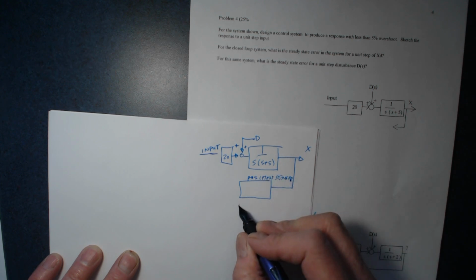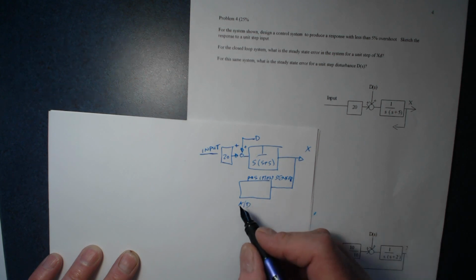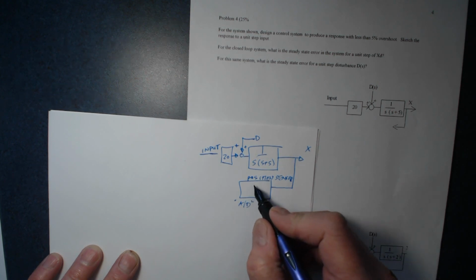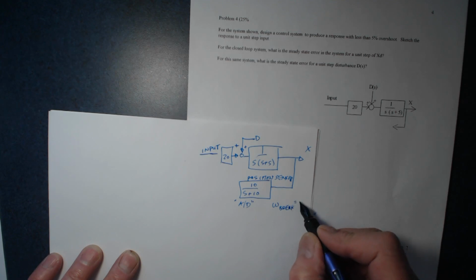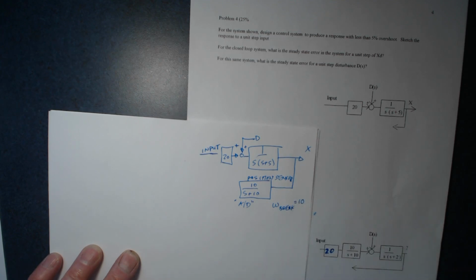There might be an analog to digital converter here, stuff like that. And what they might say is this is going to be 10 over s plus 10. This means that the break frequency, omega break, in this case, is equal to 10. That's the break frequency of your sensor. You'll hear people say, our sensor has a break frequency of 10. That's what it means.